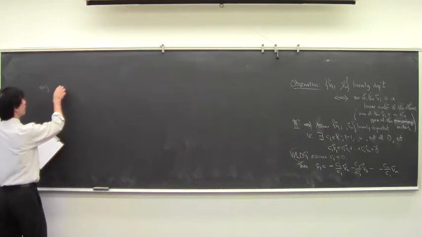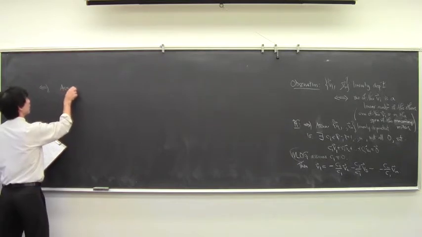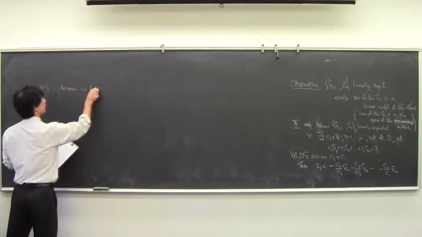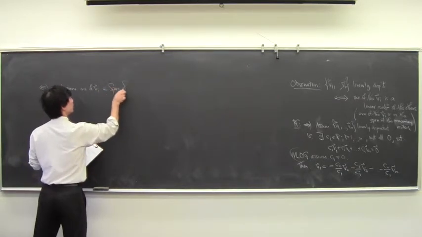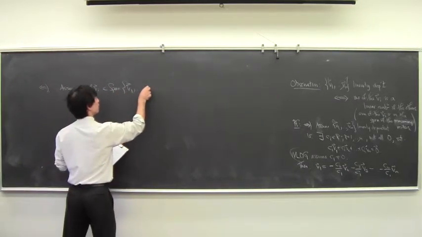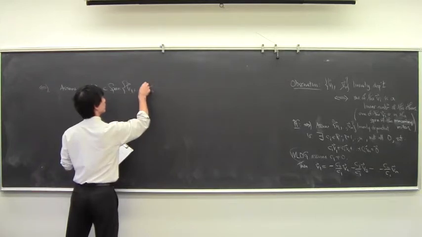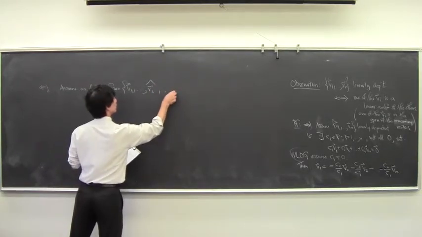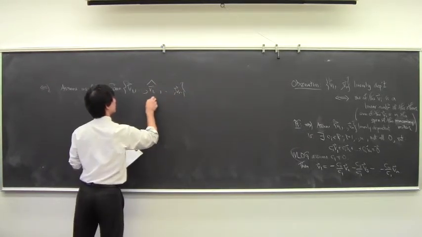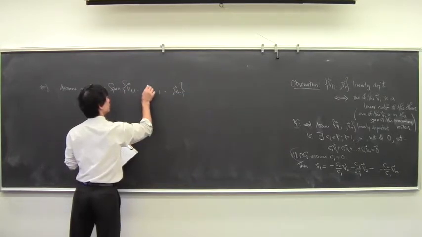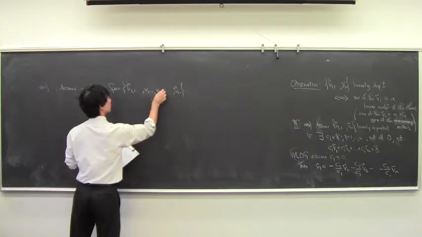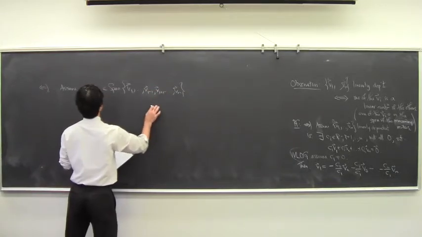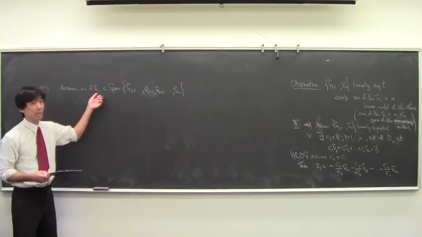You say, well, assume one of the vi is in the span of the rest, v1 to vn. So we write vi minus 1, vi plus 1. Assume that one of the vi is in the span of the other guys.